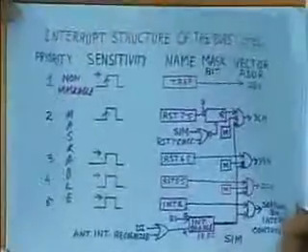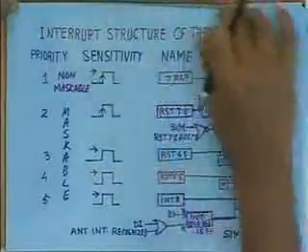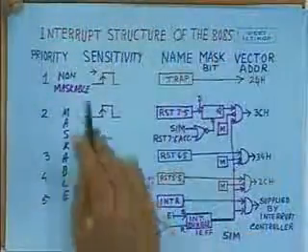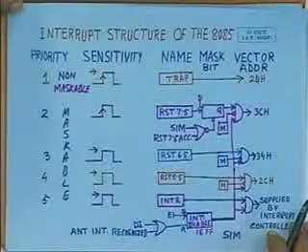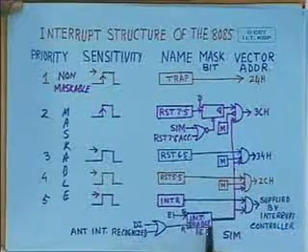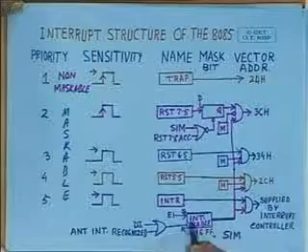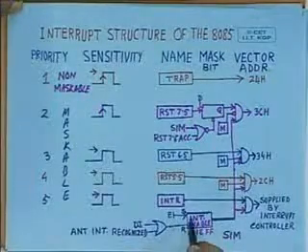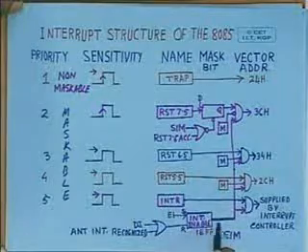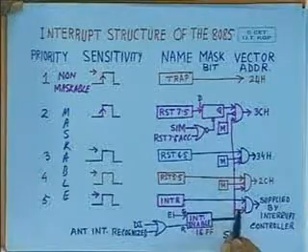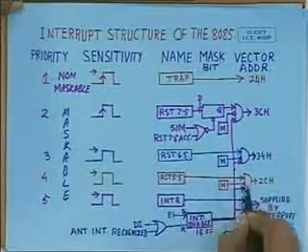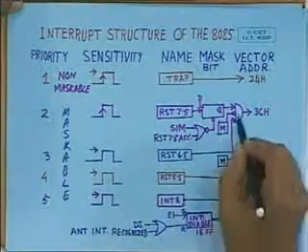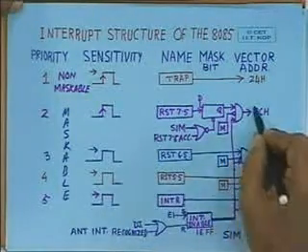You may recall that we have discussed in detail the interrupt structure of 8085, and there is a flip-flop, the interrupt enable flip-flop. So by executing enable interrupt, this particular flip-flop is set to 1. Whenever it is 1, as you can see here, then these maskable interrupts are enabled.